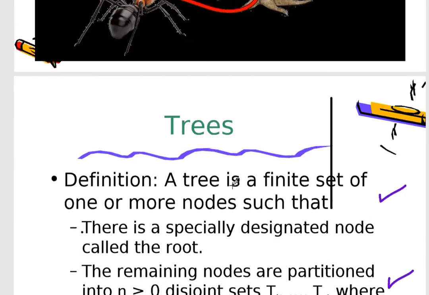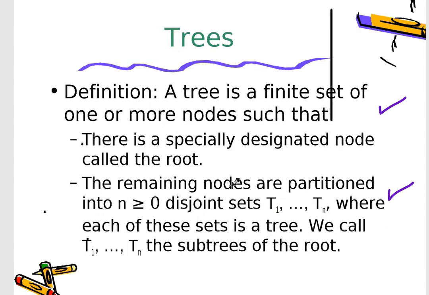So a tree definition is: a tree is a finite set of one or more nodes such that there is a specially designated node called the root, and the remaining nodes are partitioned into disjoint sets like T1, T2, Tn, and we call all these T1, T2, Tn subtrees of the root.